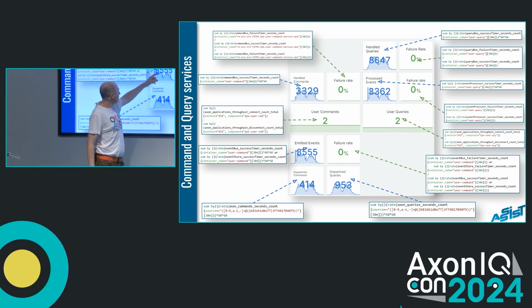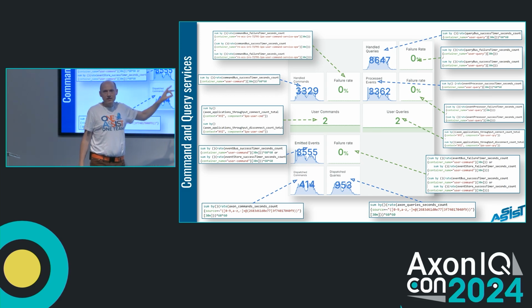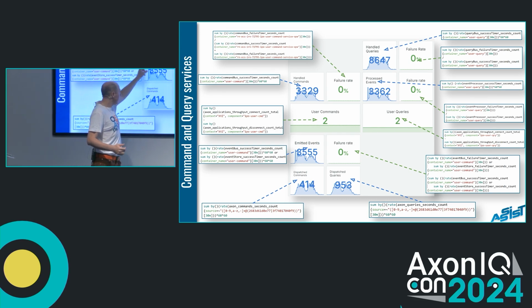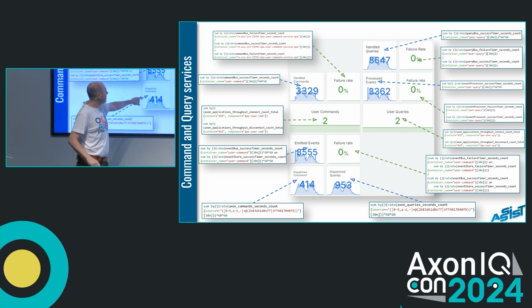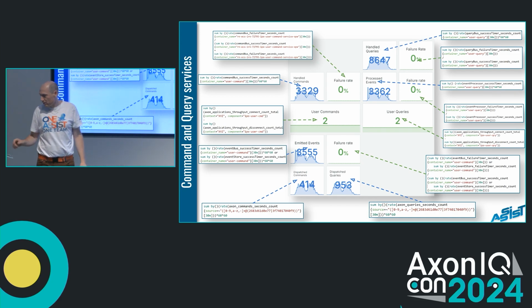We also show how many events it emitted. I don't want to go into the debate whether it is a Saga or not, and whether Saga is the correct name for a process, and process is the correct name for Saga. But we call this Saga, not the Saga of Axon's framework. And this is how many commands the Saga dispatched, because it can dispatch commands and dispatch queries.